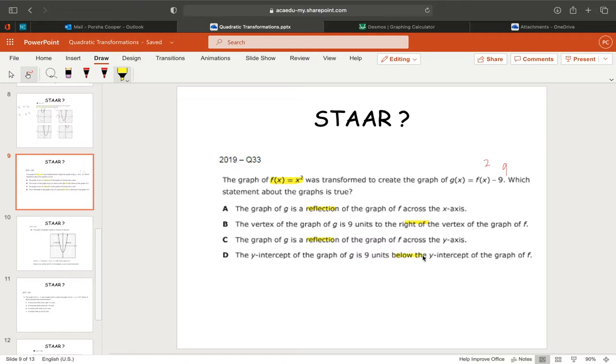So I have to look at these and see which one means that I have moved my graph down. Well, it's not a reflection because I didn't change the direction. The only thing it's going to do is move it down. And so the correct answer here would be answer choice D, that it's going to move it 9 units below the y-intercept.